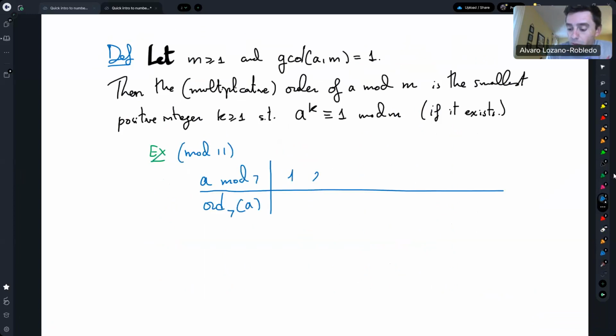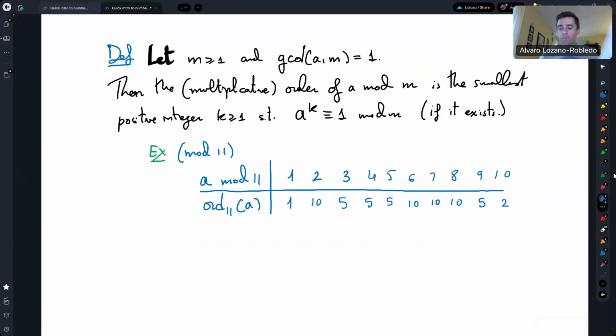And here are the possibilities for a: 1, 2, 3, 4, 5, 6, 7, 8, 9, and 10. And the orders, as I said, the order of 1 is 1. The order of 2 is 10. The order of 3 is 5, 5, 5, 10, 10, 10, 5, and 2.